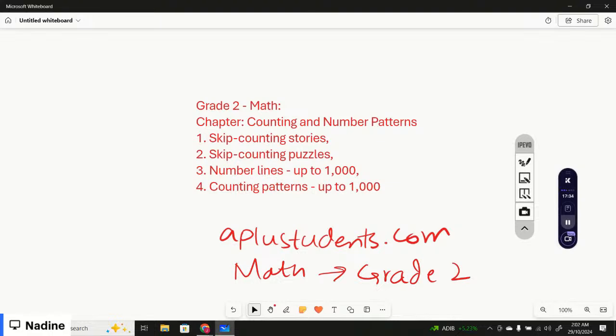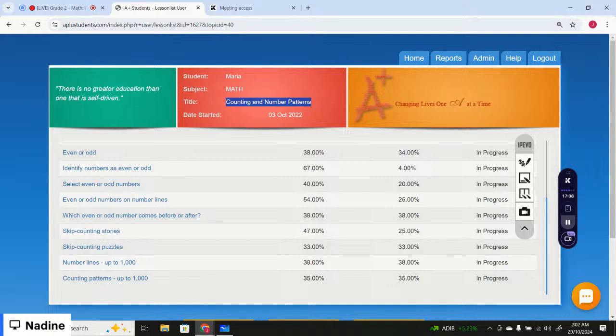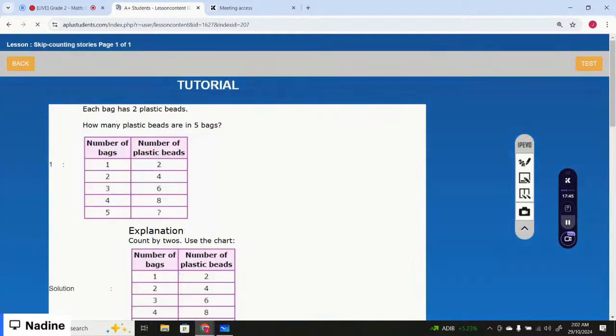So please make sure you have your notebook and pencil so that you can note down the important examples and definitions as well, right? Let's just start with the lesson that is skip counting stories.